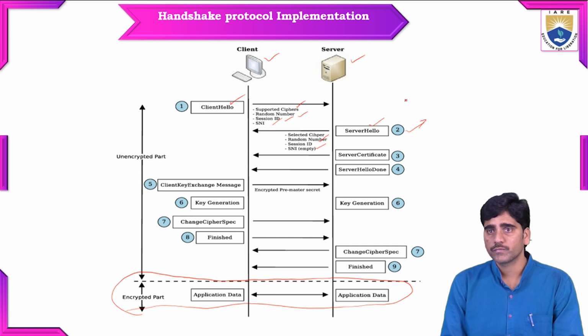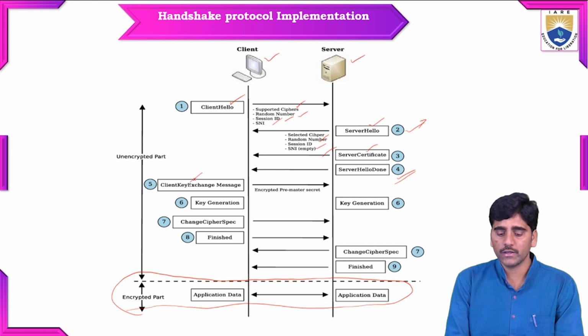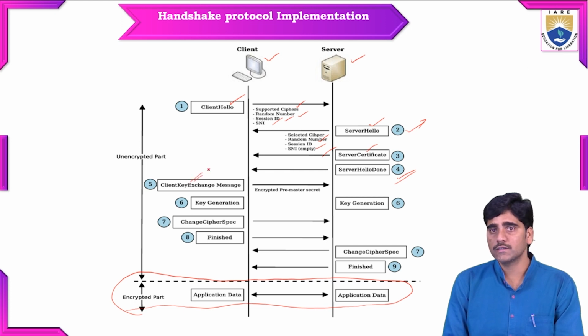And then next the server asks the client to send the certificate also. The server is requesting the client to produce the certificate. And next, server hello done. With the help of all these messages, the client now gives responses with the help of the key exchange message. The client sends key exchange, which is the encrypted pre-master secret.